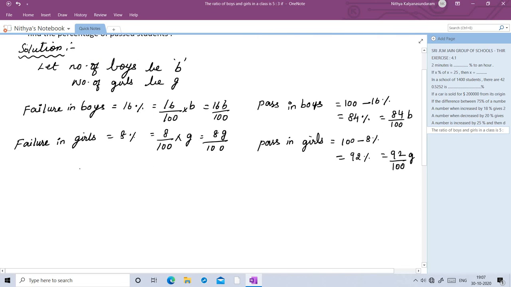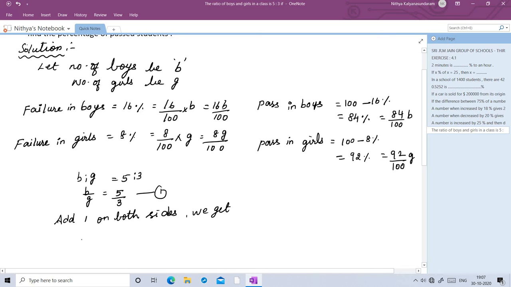So it is given in ratio. So boys and girls is given in ratio. It's equal to 5:3. That means B by G is equal to 5/3. So let's take this as equation 1. So add 1 on both sides. We get B by G plus 1 is equal to 5/3 plus 1.